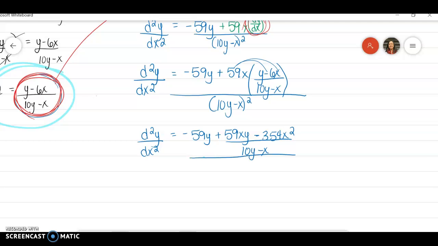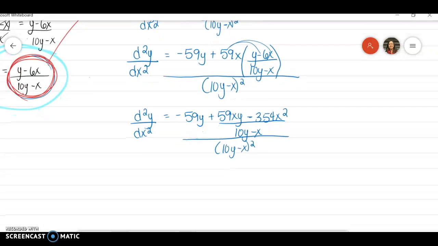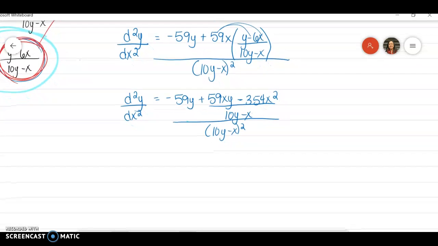And let's remember all of that is all over 10y minus x all squared. And honestly, I worked this out beforehand to make sure I didn't make a mistake here. What I honestly did is I left that denominator off until the very end. But I'm running out of time, so let me hurry up.